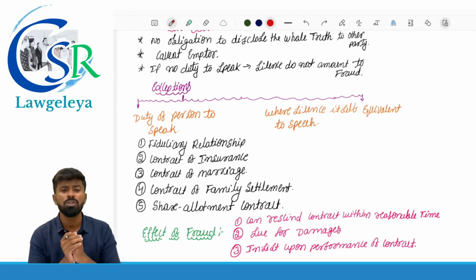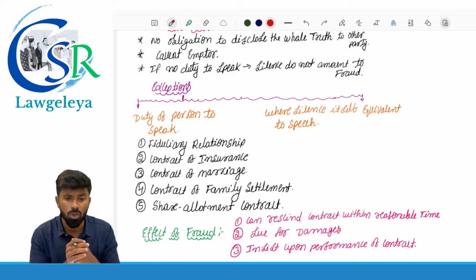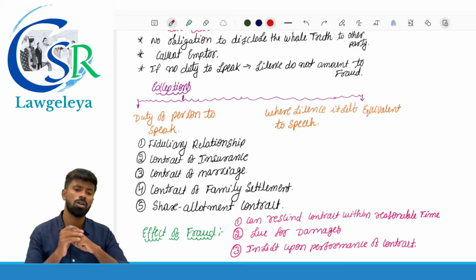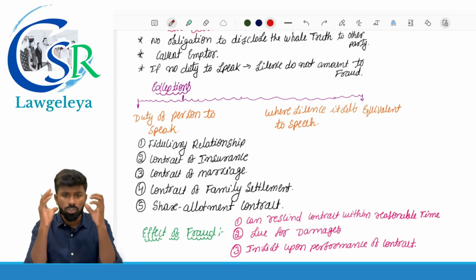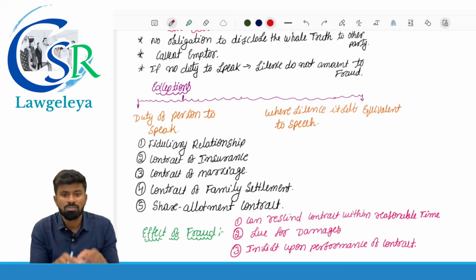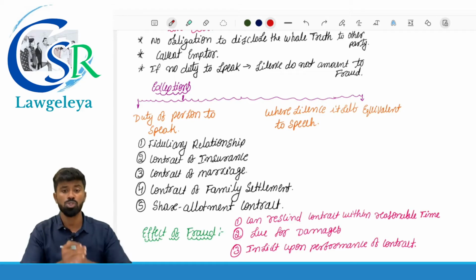Sir, what is fiduciary relationship, sir? Based on trust. Second one, contract of insurance, contract of marriage, contract of family settlement between the family members, and share allotment contract. In these 5 types of contract, and also in case of immovable properties to some extent, there is a duty to speak. In these cases, if a person remains silent even though he is aware about the material facts, that amounts to what? Fraud.